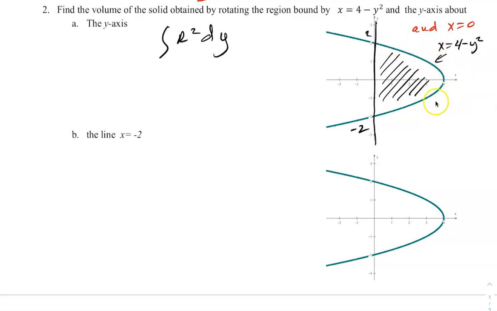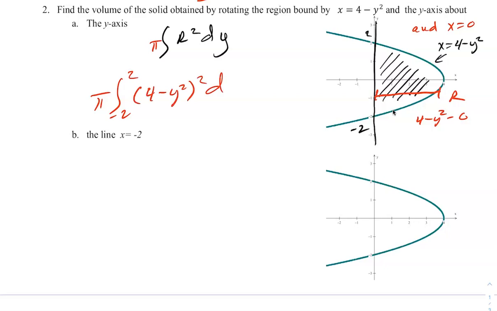Our right is this guy. So if we're doing our r, our r is going to be from here to here. Right minus left, that's going to be 4 minus y squared minus 0. So we're just going to get pi from -2 to 2 of 4 minus y squared dy.